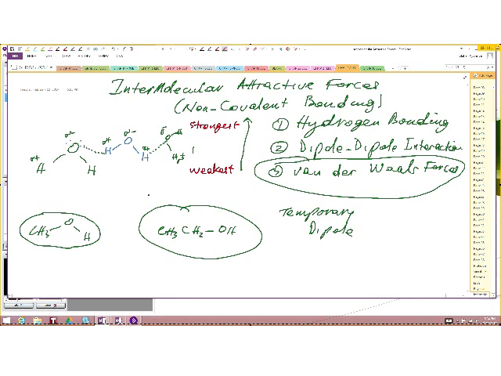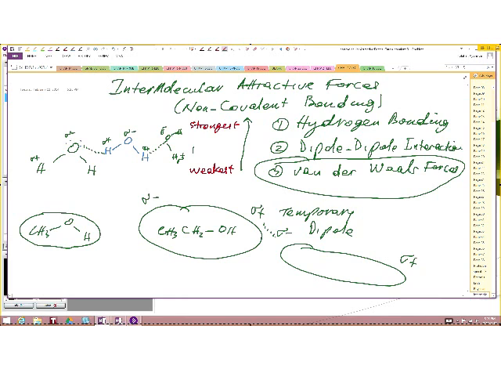So it is possible this part of the molecule may have partial negative charge, and this part may have partial positive charge. Then you have another molecule here, and the same thing happens, partial negative charge, partial positive charge. Therefore there is this dipole-dipole interaction between them, holding them together.